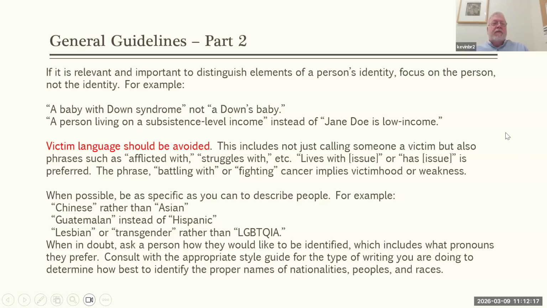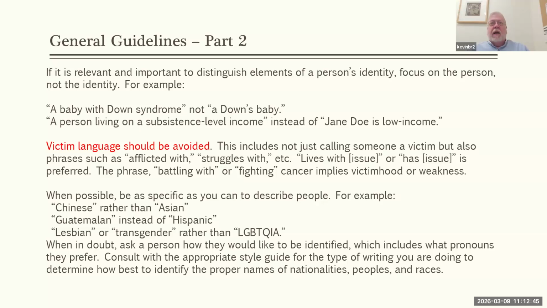And here's some phrases which tend toward victim language: afflicted with, struggles with, lives with an issue, or has a particular issue. The phrase battling with or fighting cancer. In a formal context, that implies victimhood or weakness, but you see this all the time, and people necessarily don't have a negative intent or bad intent when they write that.